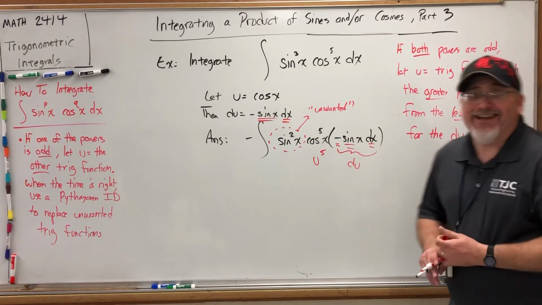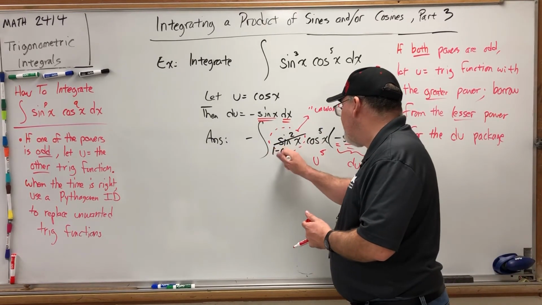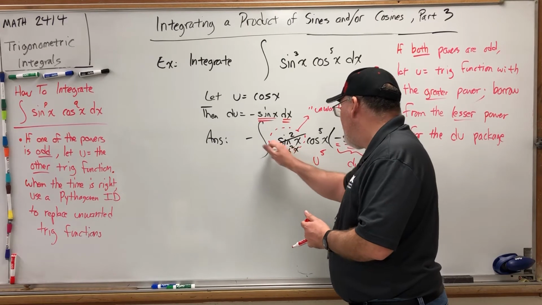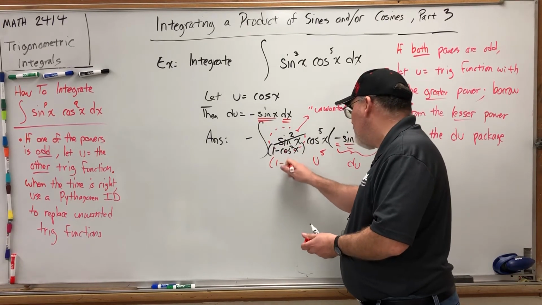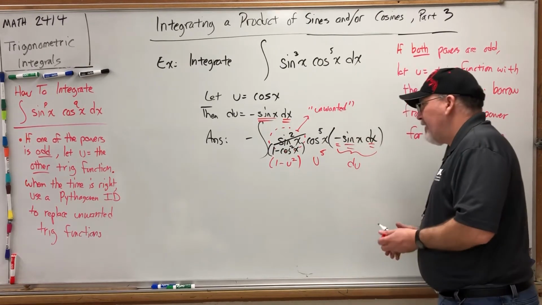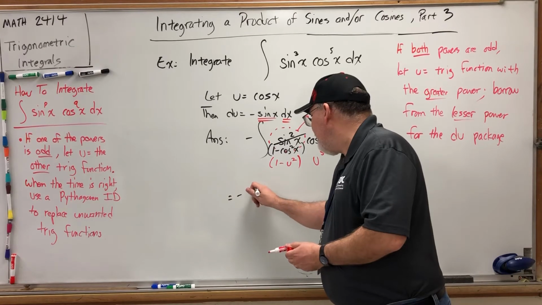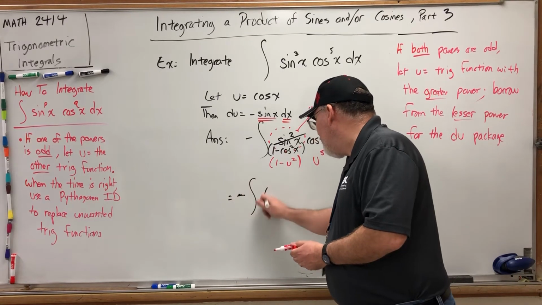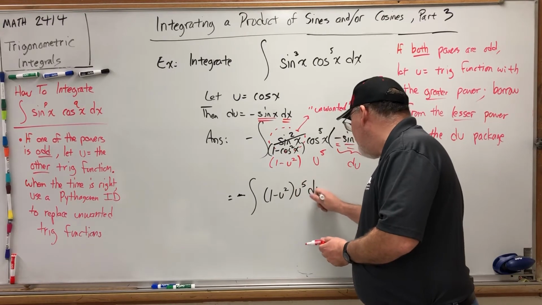Well, that's easy. Sine squared is 1 minus cosine squared. This becomes 1 minus cosine squared x. But in terms of the substitution, that will become 1 minus u squared, since u is cosine. And so now our integral is negative, don't forget that, integral 1 minus u squared, u to the 5th du.